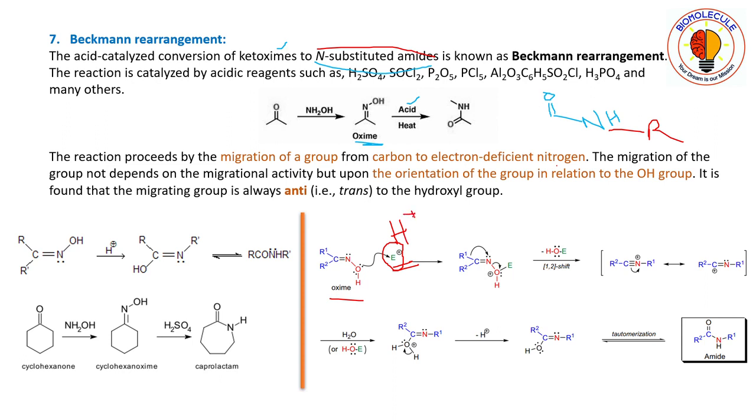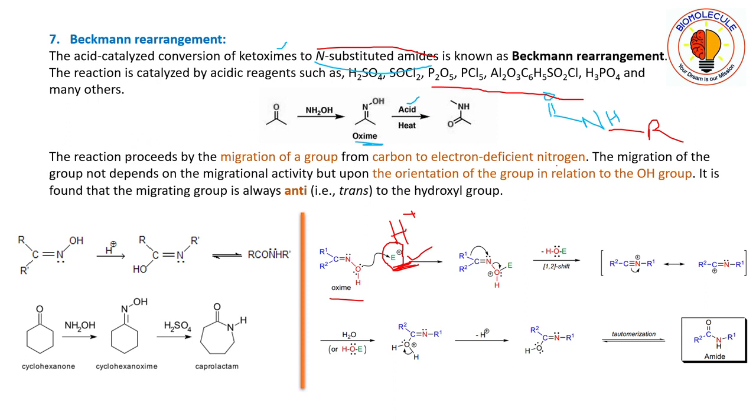Okay, and rest other have different electrophiles. Okay, rest these groups P2O5, PCl5, these groups have different electrophiles, so we are using E plus over here. Okay, so now this oxygen takes up the electrophile and this oxygen develops a positive charge.